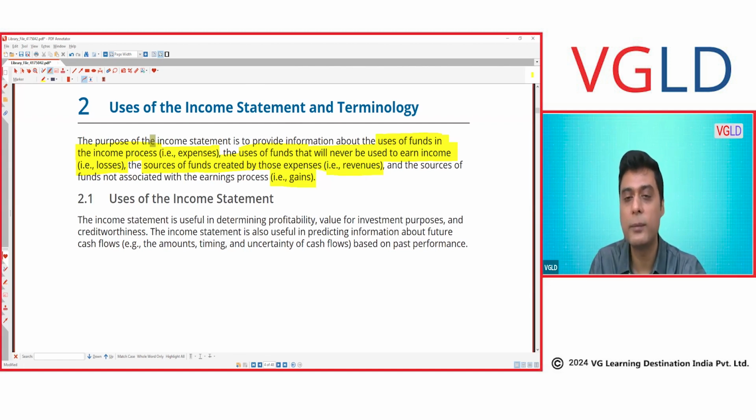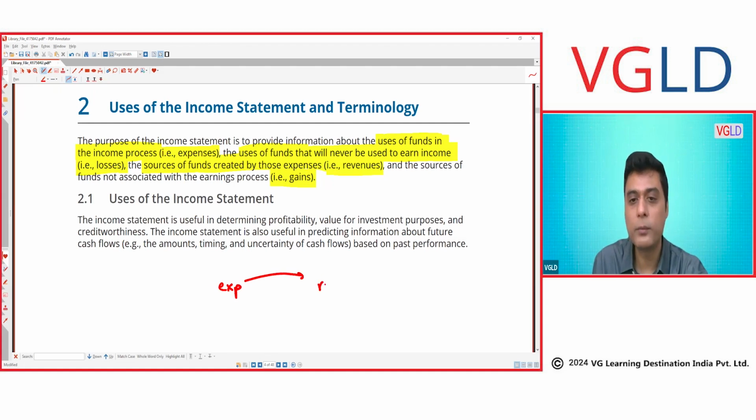There is a matching concept, right? You have incurred an expense to generate a revenue. This revenue has been created by these expenses, so it is in the context of each other. Use of funds in the income process, source of funds created by those expenses, so there is a matching over here.